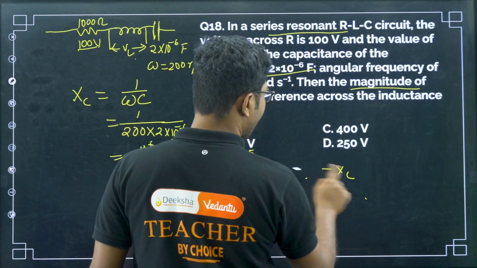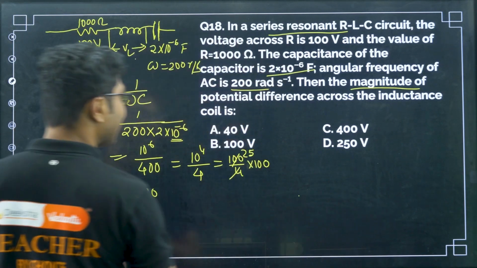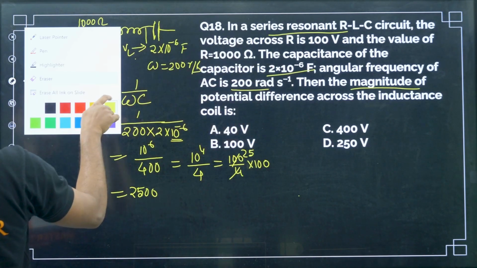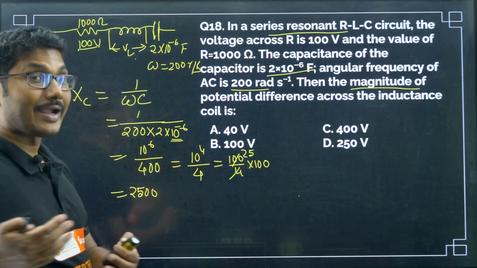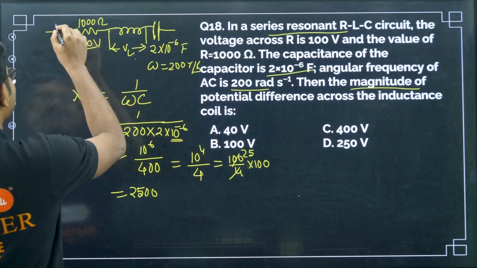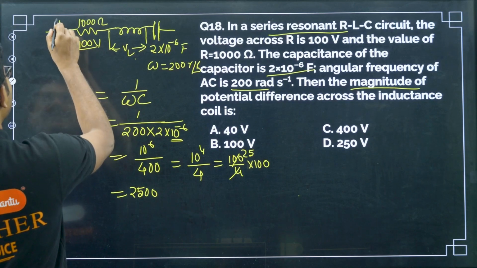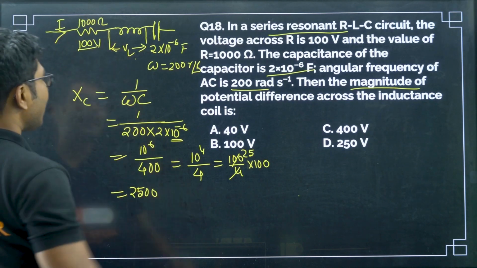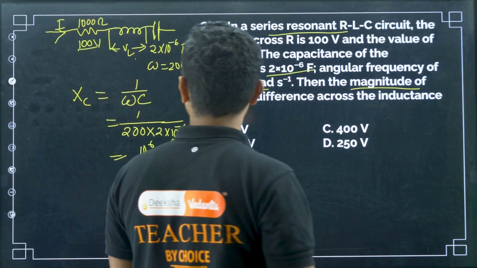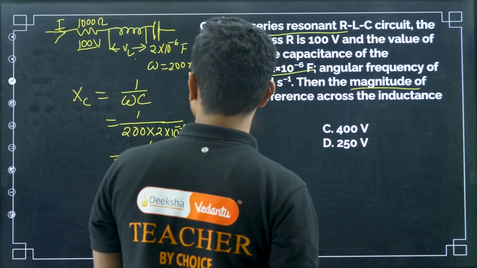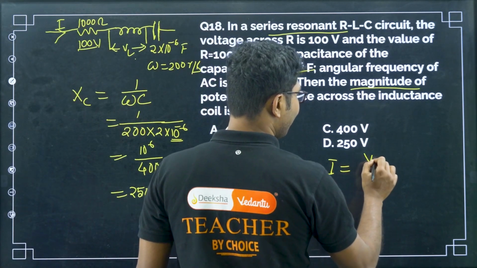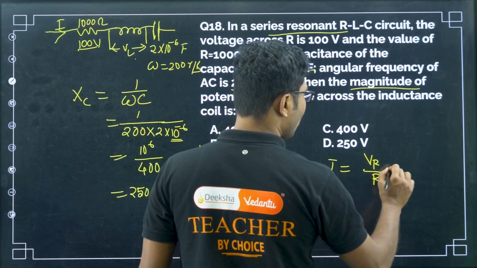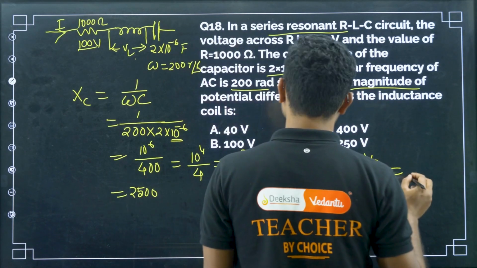Now, what you have to do? You have to find the current. If you can find the current, then you can find VC. So, what is the current in the circuit? You know the value of resistance, and you know the value of voltage drop across the resistance. So, current in the circuit is basically VR by R. This is Ohm's law, our old friend Ohm's law.